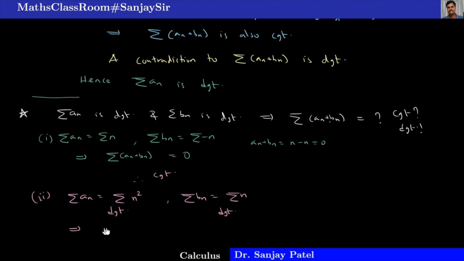Therefore, if you find an plus bn, that is n square plus n, then that series sigma an plus bn is also divergent, because the partial sum of this series tends to infinity as n tends to infinity. So it is divergent. What is the conclusion here? If two series are divergent, then the sum can be convergent or it can be divergent. So nothing can be said in this case.